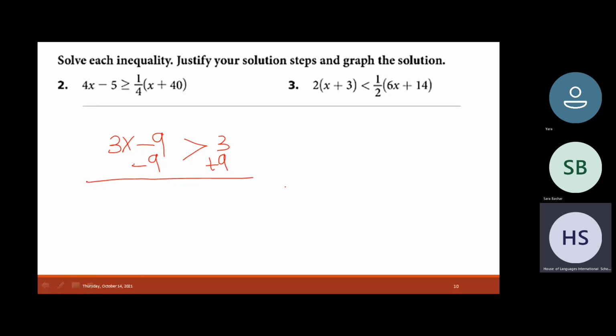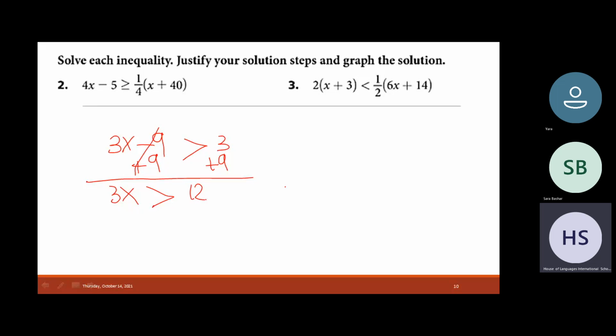Very good. Then next. I thought you would put the plus 9 instead of the negative 9 again. As we did in the equation, it's the same steps. Cancel. 3x is greater than 3 plus 9, 12. Then next, 3 multiplied by x.